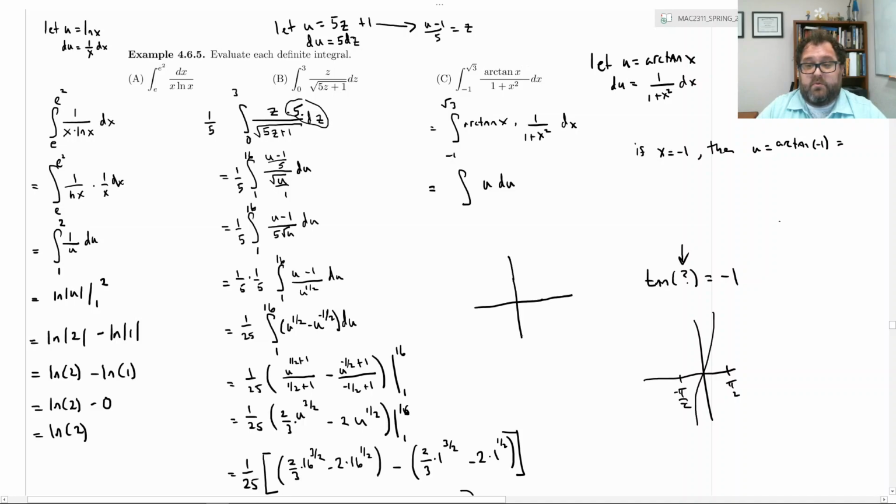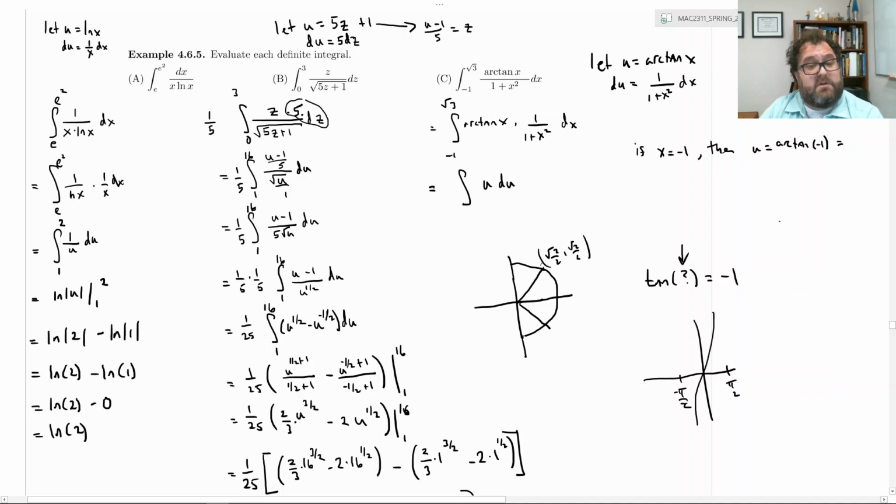So where is the ratio of the x and y coordinates negative 1? The only possibilities for getting a 1 or a negative 1 would be right here and right here, where you have radical 2 over 2 comma radical 2 over 2.